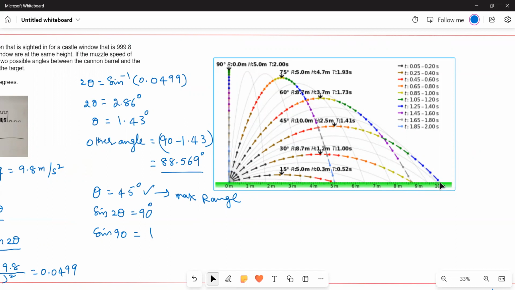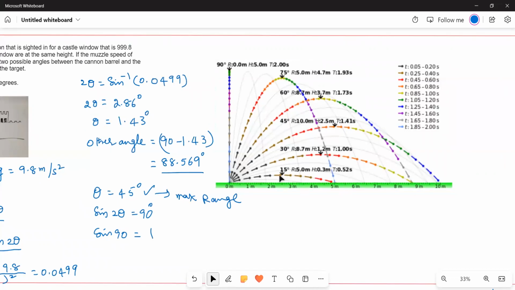For any angle other than 45 degrees, you will get a range less than this one. So for 30 degrees, you are getting 8.7 meters. If it is 60 degrees, the range is the same, but the height will be different. The height will be 3.7 meters for 60 degrees, and for 30 degrees, the height is 1.2 meters.